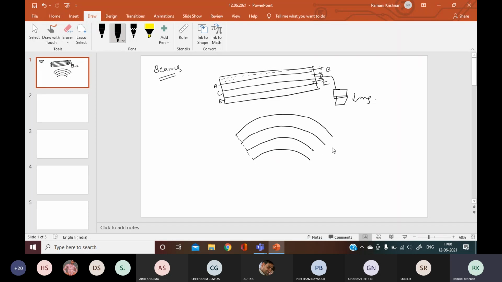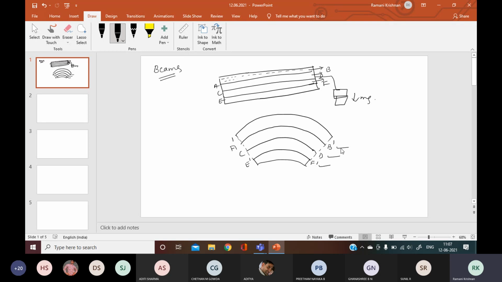So this layer AB now becomes a new elongated layer, called A dash B dash. Then this layer CD remains the same. It will not undergo elongation or contraction. And this another layer EF got contracted. This got elongated, this remains same, this got contracted.